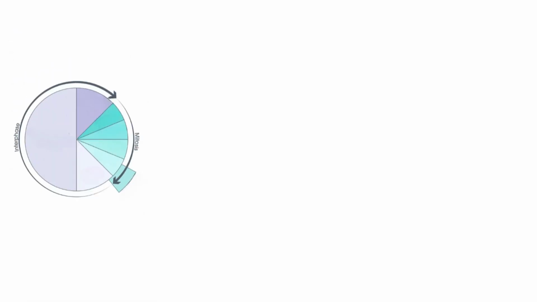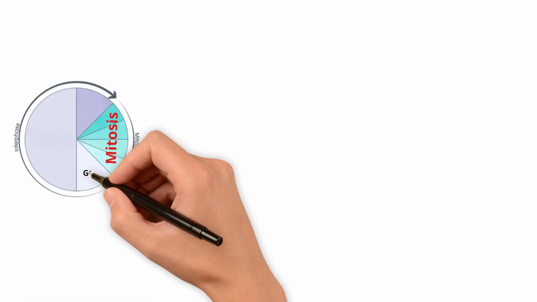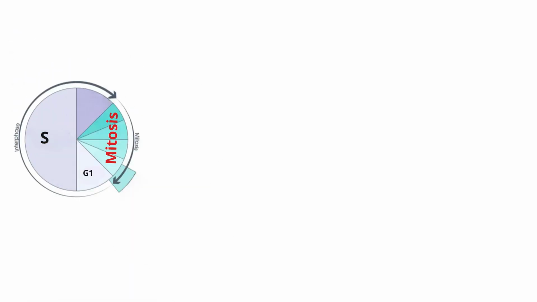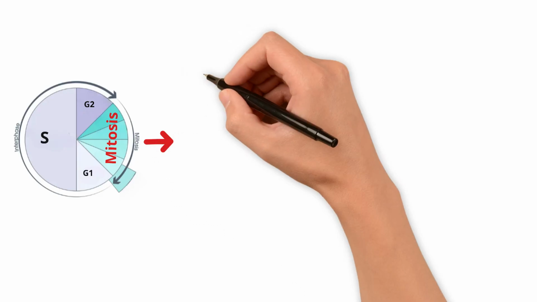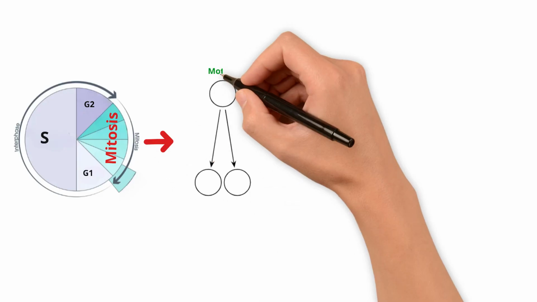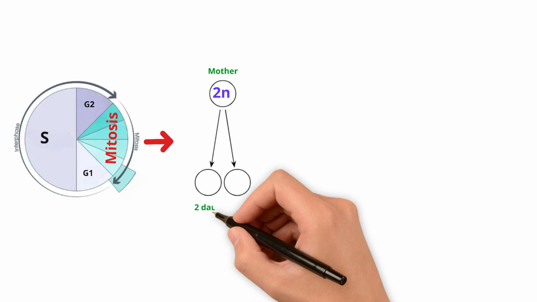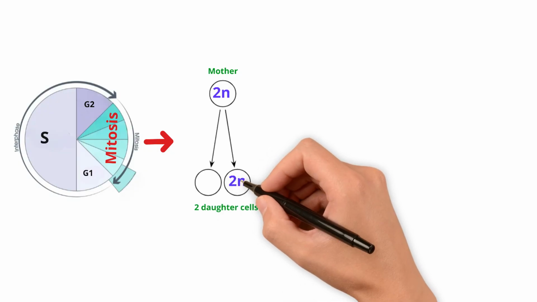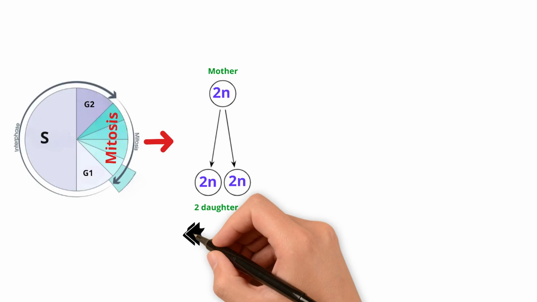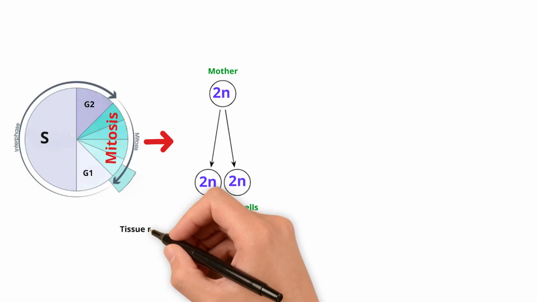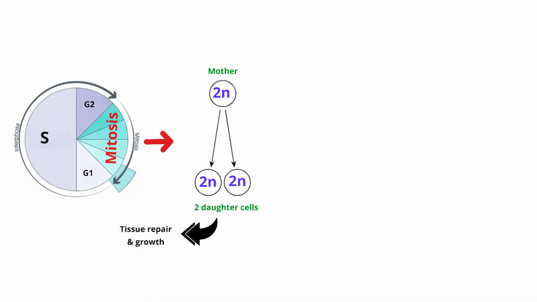Mitosis usually begins after the cell completes interphase, which includes the G1, S, and G2 phases of the cell cycle. During mitosis, a somatic cell divides to form 2 genetically identical daughter cells, each with the same number of chromosomes as the original mother cell. This process is essential for tissue growth, repair, and maintenance throughout life.